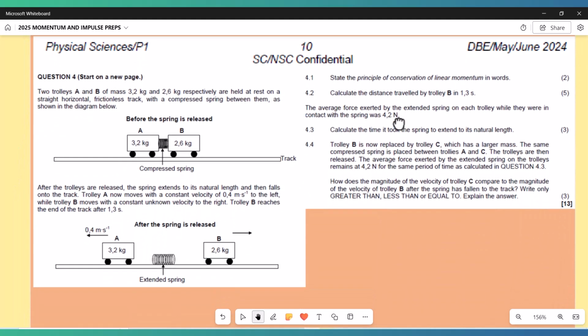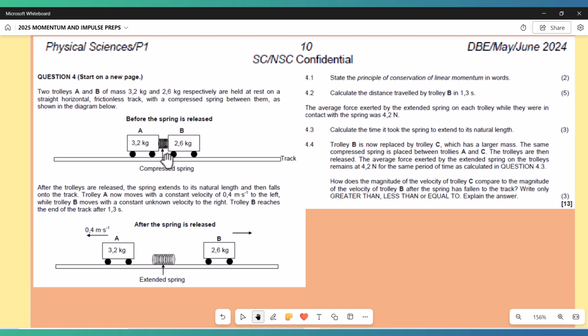Now this question came last year, 2024 May-June. They said that two trolleys A and B of masses 3,2 kg and 2,6 kg respectively are held at rest on a horizontal frictionless track with a compressed spring between them, as shown in the diagram below.